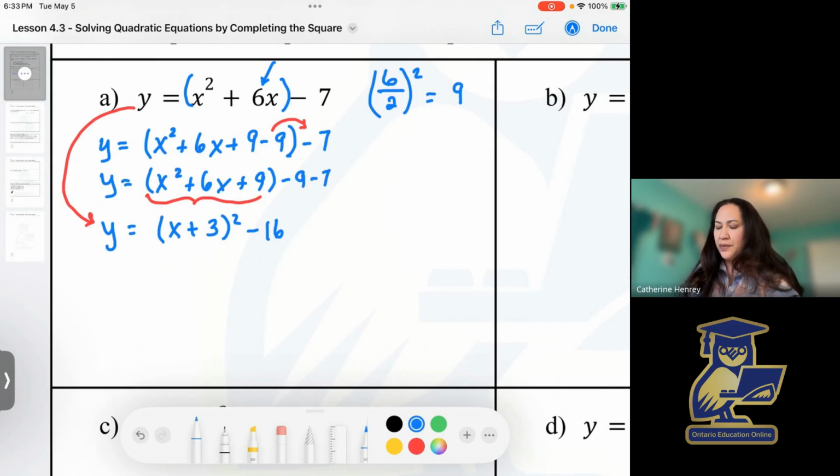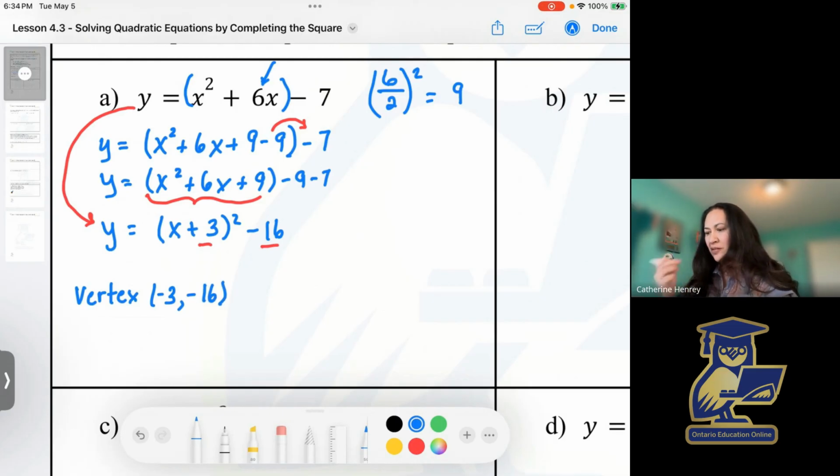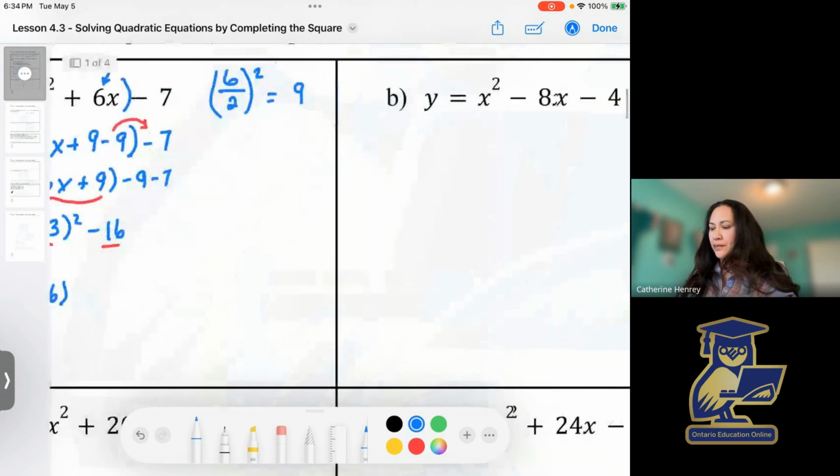And here, my vertex is made up of the h and the k. In this case, h is -3. H is always negative or opposite. And then the k is -16. So that's where my vertex is for this particular example.